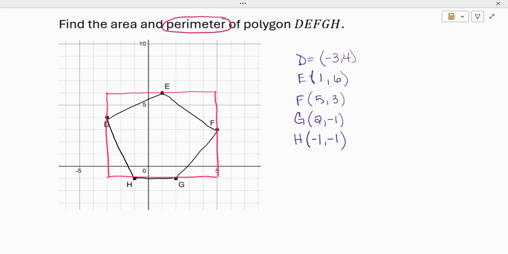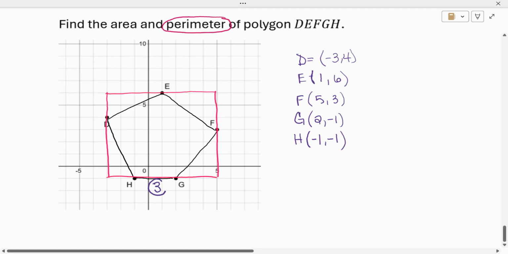When you look at this shape, are there any horizontal or vertical lines that you can actually count the distance of? Which ones? H to G. What is the distance from H to G? It's 3 units.